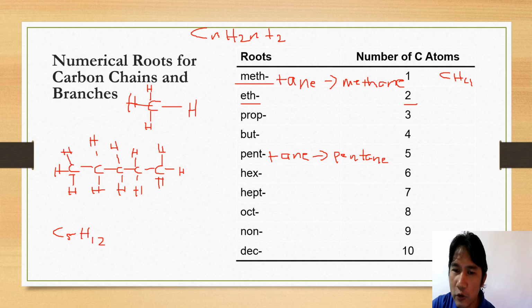The molecular formula of pentane is C5H12. You just have to apply this principle to each of the alkane group, from methane to decane. Decane has 10 carbon atoms, although there are hydrocarbons that are even longer than decane.